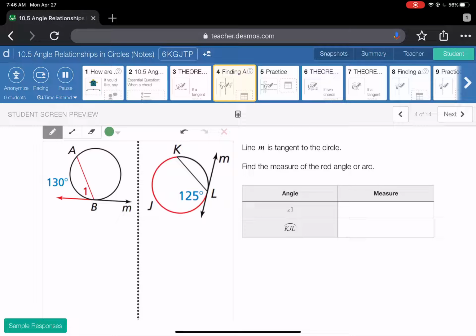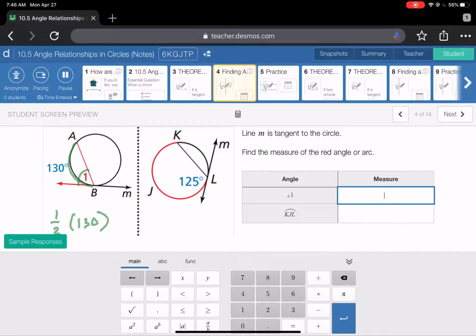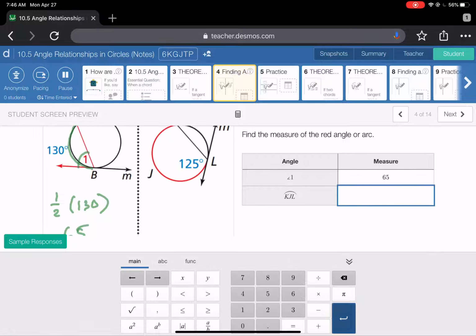As we said, this angle here is half the measure of the arc that it intercepts. So this is going to be half of 130, which gives us 65 degrees. So the measure of angle 1 is 65 degrees.